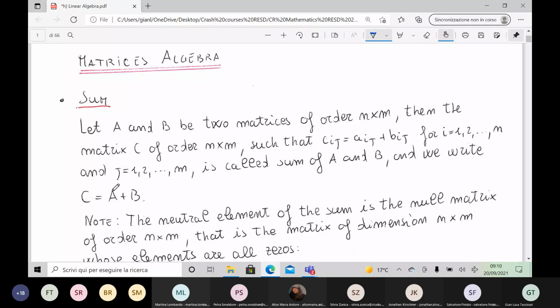So the sum is very easy. It's made up by summing each element of the matrix A and of the matrix B on the same row and the same column. So you see Cij, Aij, Bij. But we'll see how easy it is with the examples.